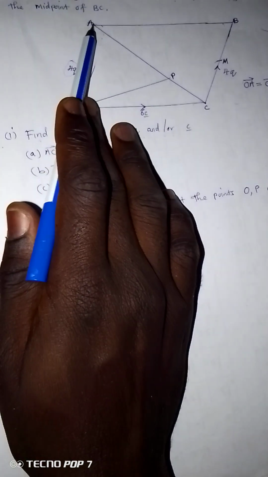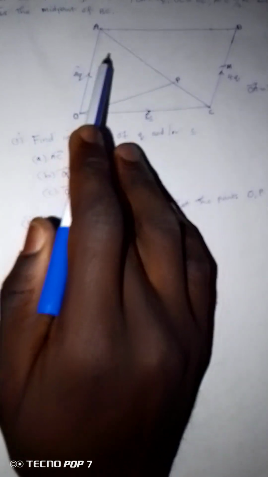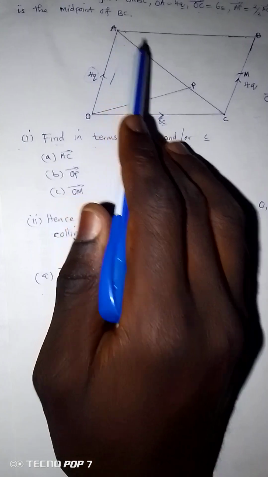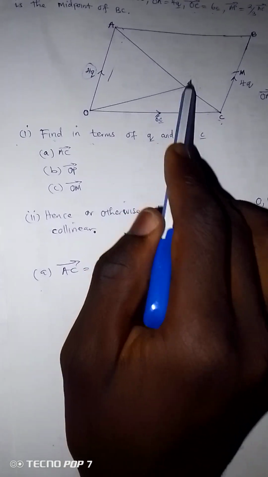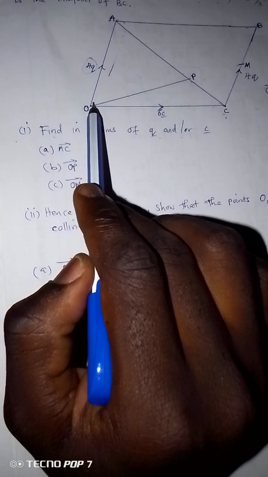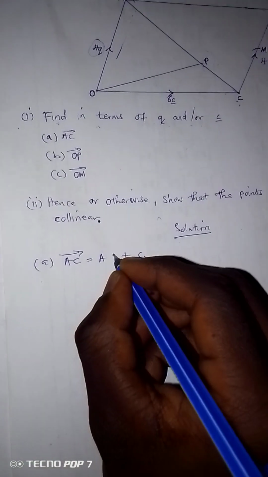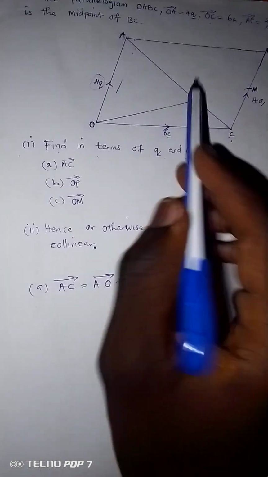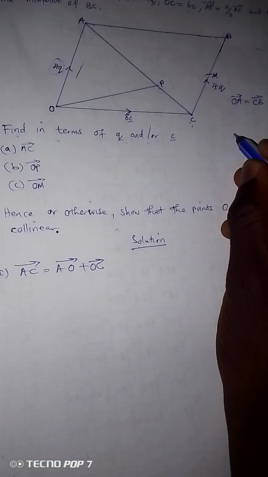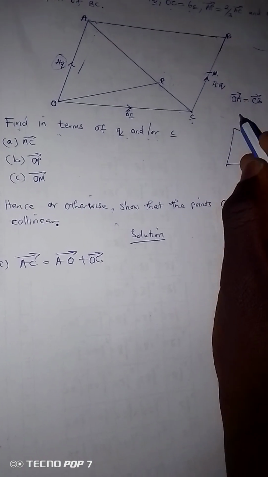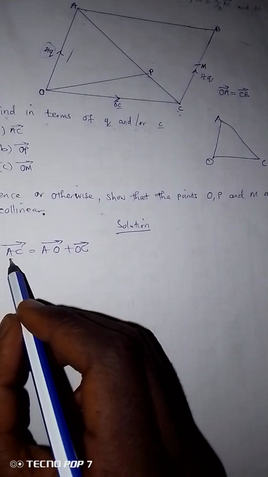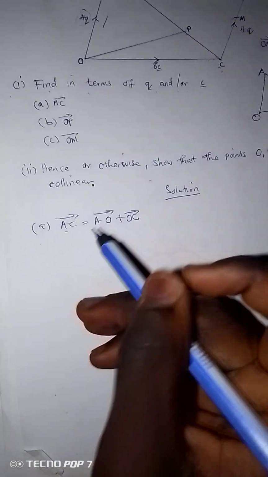I'm not paying attention to P. The letter which I haven't written is what? O. Then I put O here. So what I'm doing is using this triangle where we have A, C, and O. As I was splitting this, the letter which I insert is O. This is the method I use.